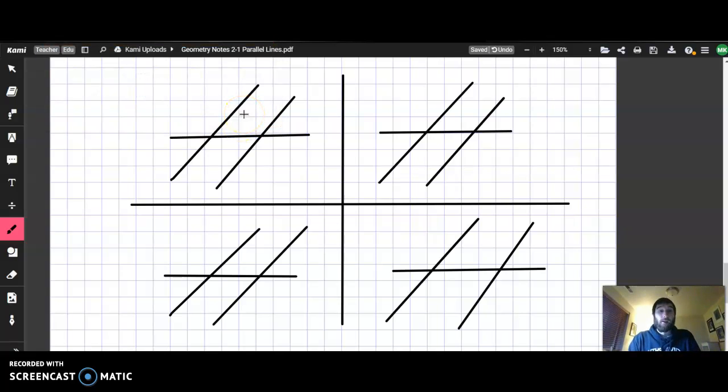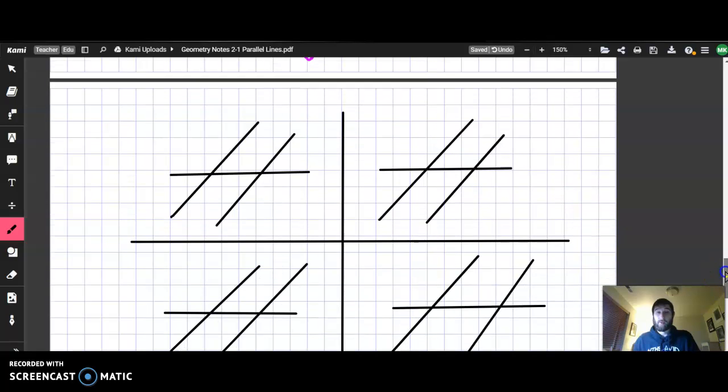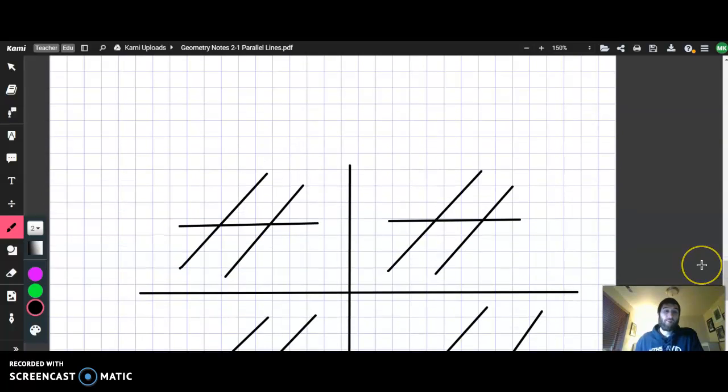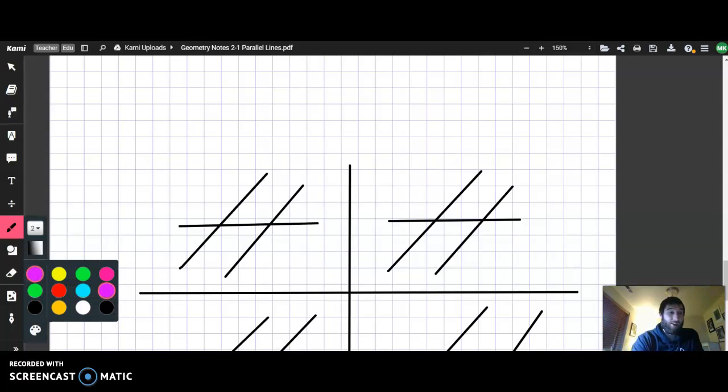Now, in these rows and columns, we're going to organize them by some qualities and characteristics. On the top, we're going to be talking about whether our angle relationships are inside or outside, so we're going to reference that as interior or exterior.